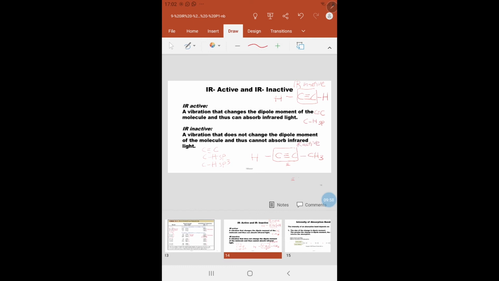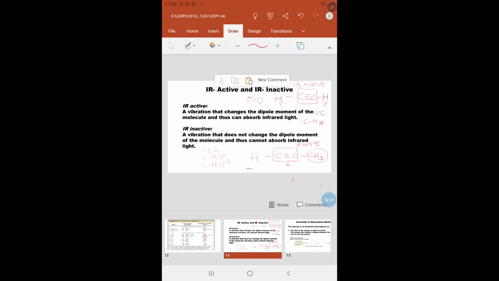You need to look at the whole structure. This carbon is bonded to H, and this carbon is bonded to H. If there is any dipole moment, both sides are the same, so the dipole moment is equal to 0. Look at the second structure. This carbon is bonded to H, and this carbon is bonded to a methyl group. So is the dipole moment 0?